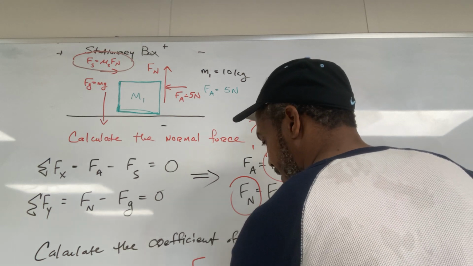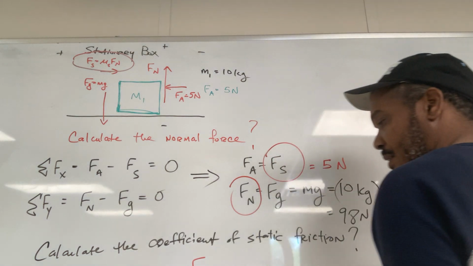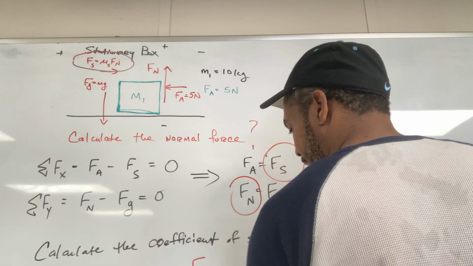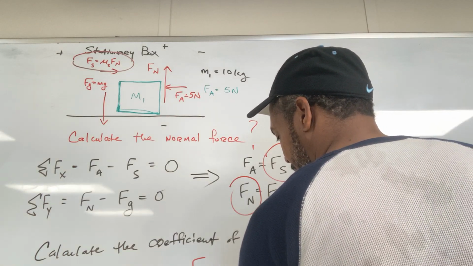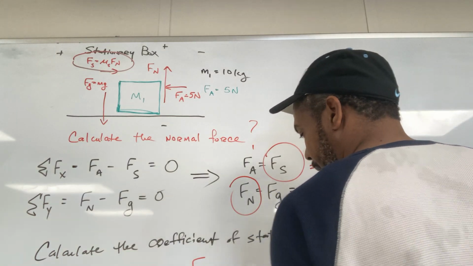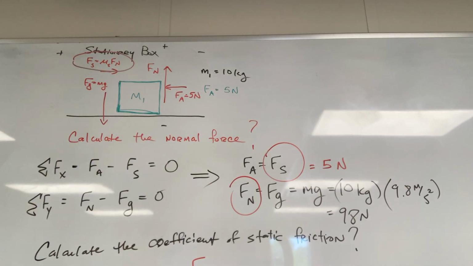So my coefficient of static friction is 5 newtons divided by 98. I don't know what that number is, but I know it's less than 1. And that's the requirement for the coefficient of static friction. Greater than 0, but less than 1.